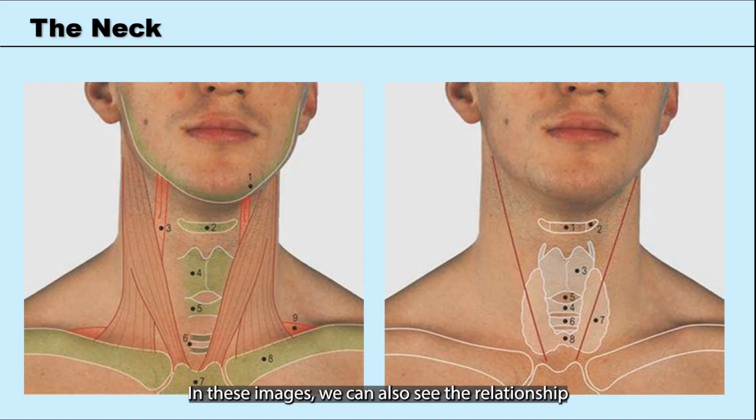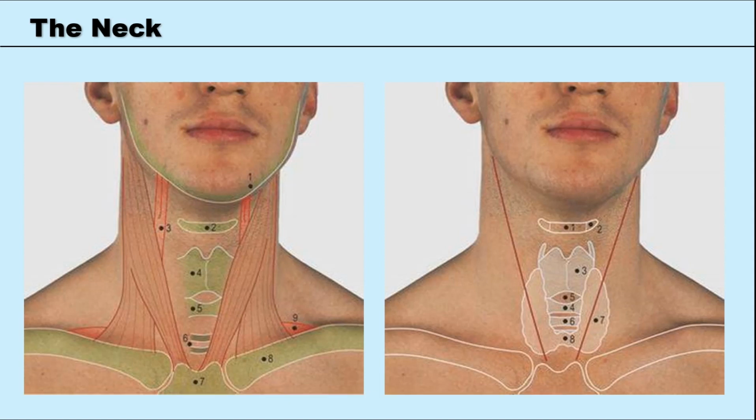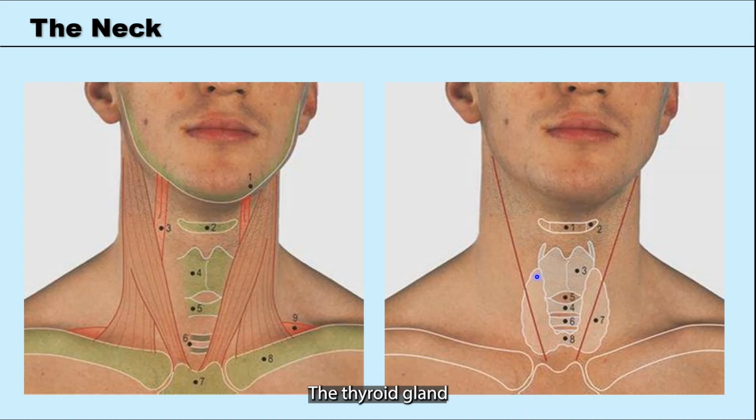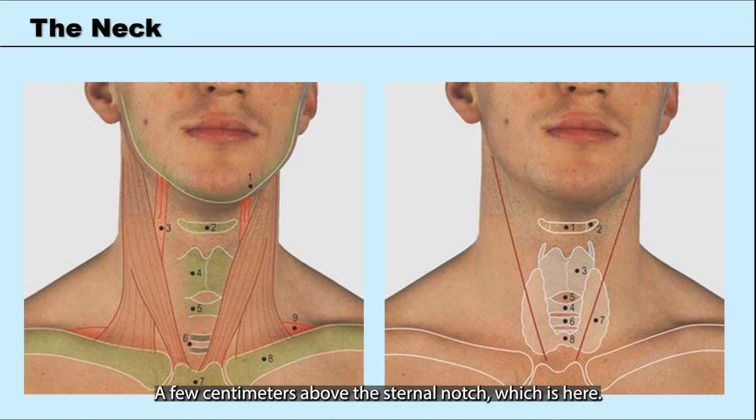In these images, we can also see the relationship of the larynx, hyoid, and thyroid glands. These are partly obstructed by the sternocleidomastoid, so the image on the right better represents the surface anatomy of these structures. The thyroid gland overlies the larynx and part of the trachea, fanning out either side beneath the sternocleidomastoid, a few centimetres above the sternal notch, which is here, and you can feel this on your own body.